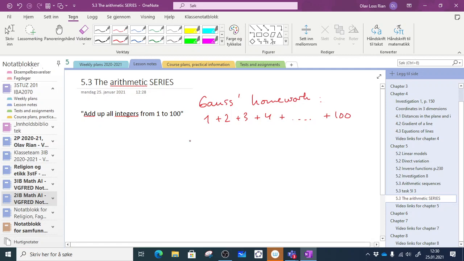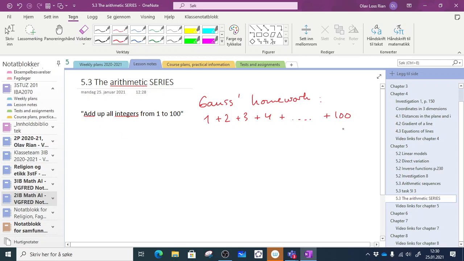And right away, after a couple of seconds, he answered his teacher, okay, it's 5,050. So how was he able to do that within seconds? Well, as I told you last week, you do have to add up all the numbers, but you can choose the order in which you do so, right?